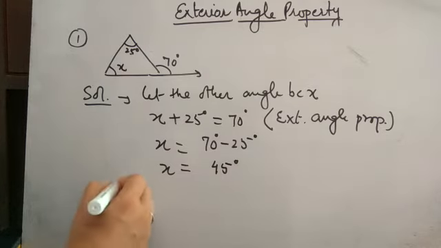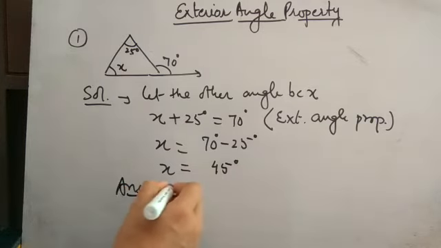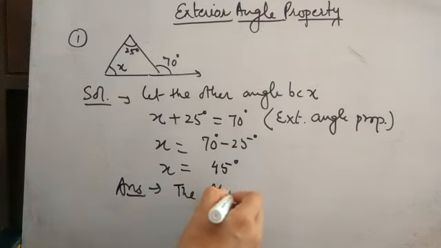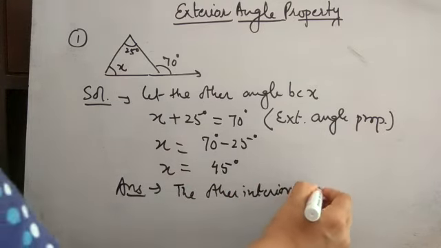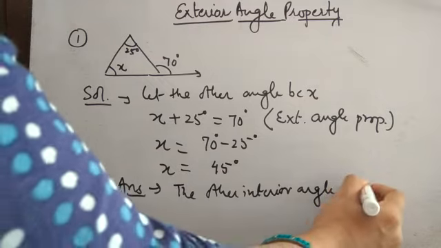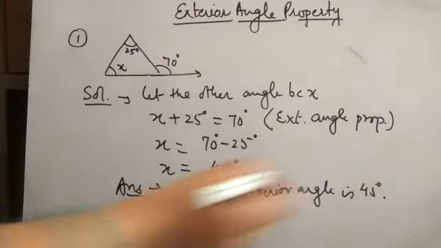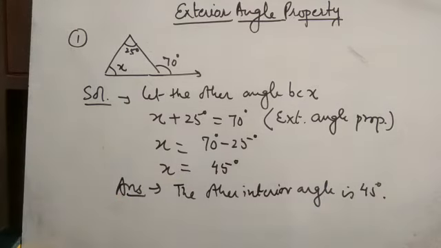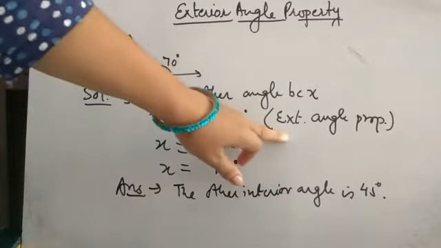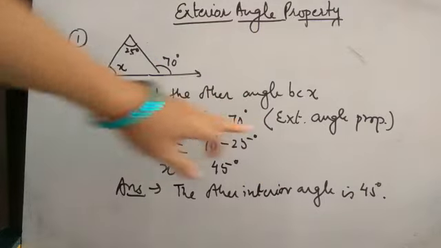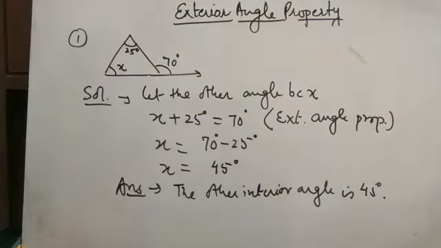So the other interior angle is 45 degrees. This is how we do the sums. Writing the reason for each statement is very important in geometry. Please remember, it carries marks. Okay children.